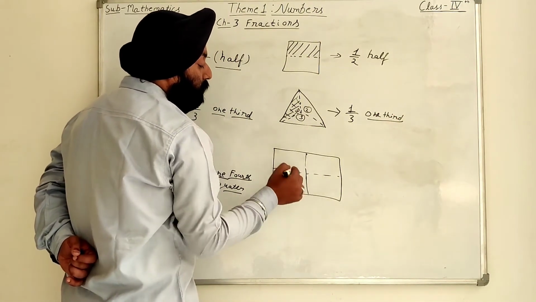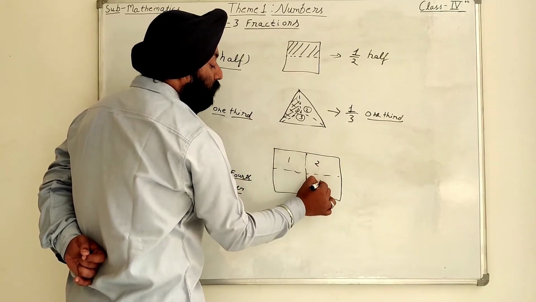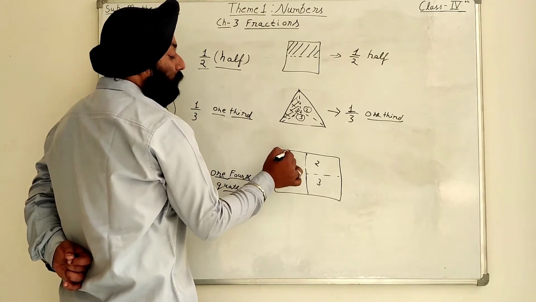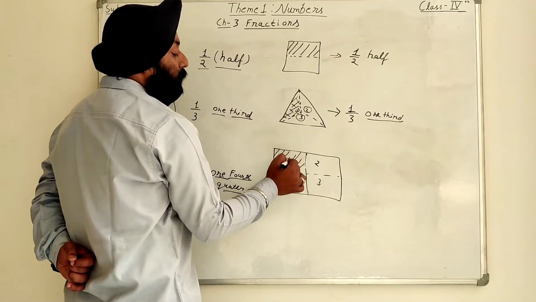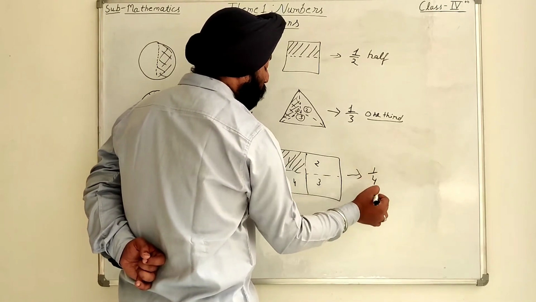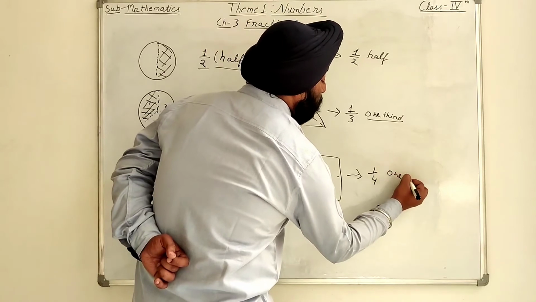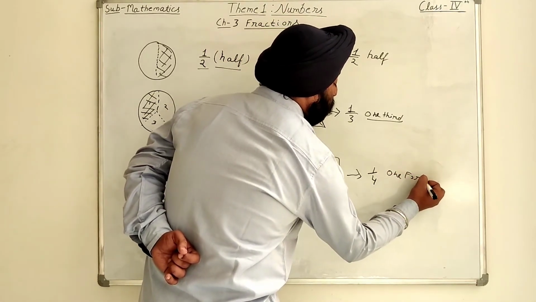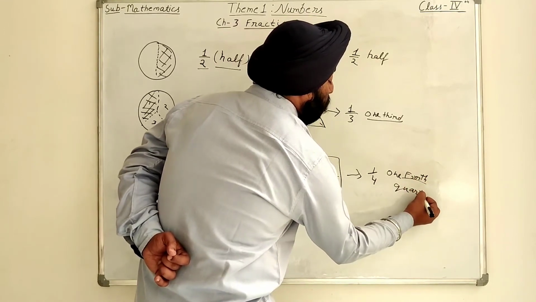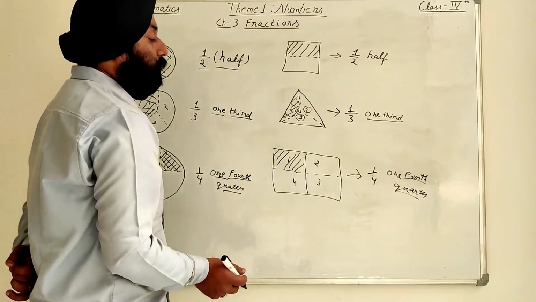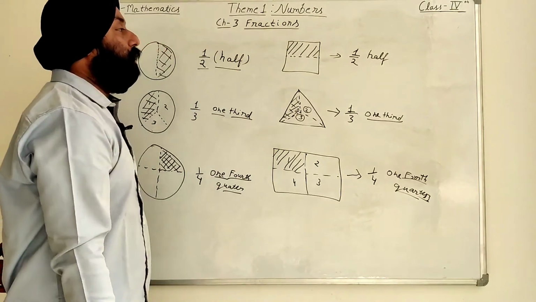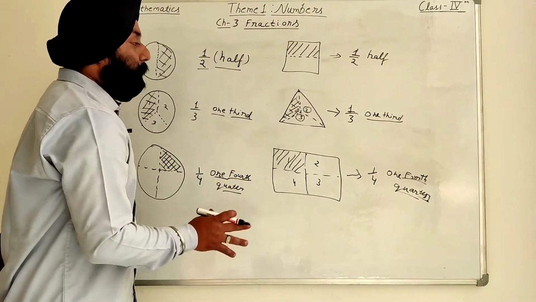Now our triangle is divided into 4 parts. If we get only one part, then this is called 1 upon 4, 1/4 or quarter. So that's all from this basic thing.